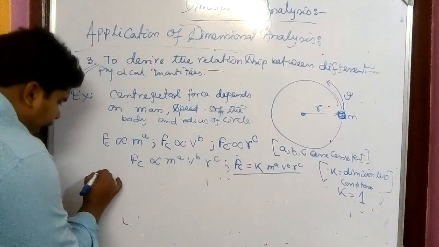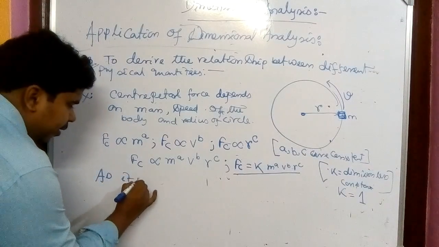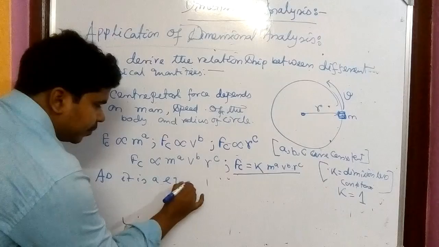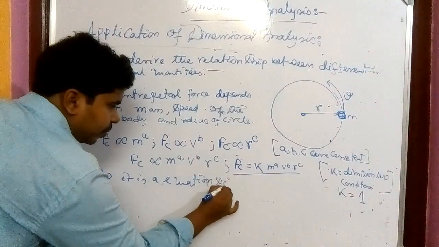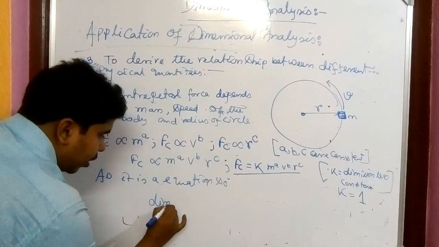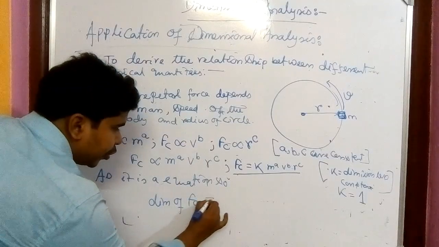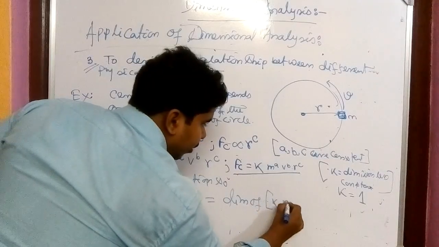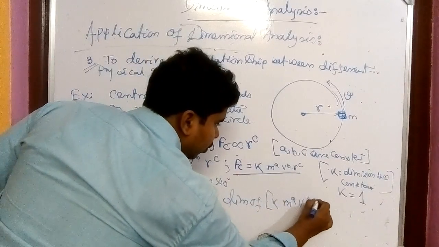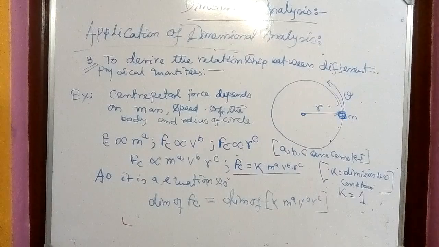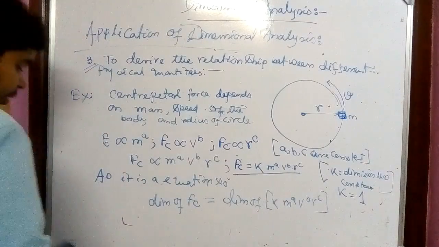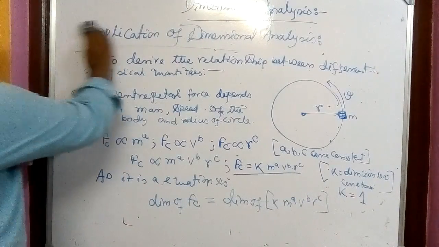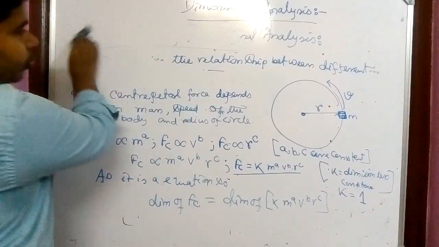So we have to write, as it is an equation, dimension of FC should be equal to dimension of K M to the power A, V to the power B, R to the power C. So both the dimensions we have to find out. Let's see how we can do it. So we'll go a little up so that we can do that.